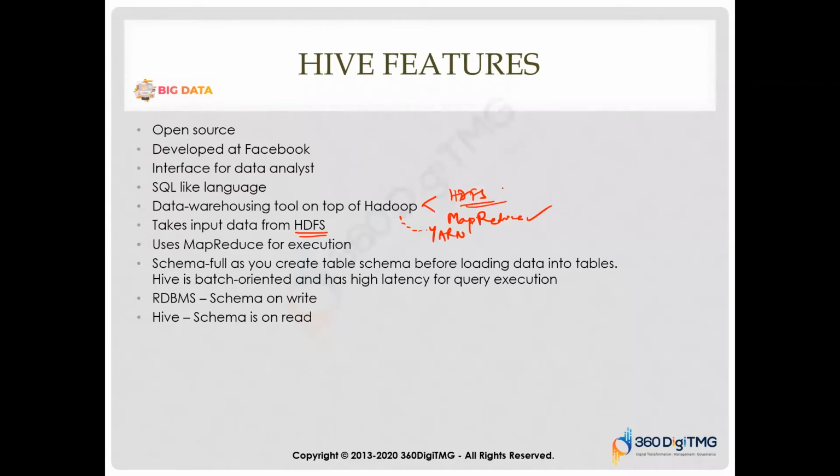For data storage, HDFS is used. So Hive basically pulls the data from this HDFS component of the big data tool Hadoop. This is for storage, let me write that as well, and this is used for processing. So MapReduce is used for execution.